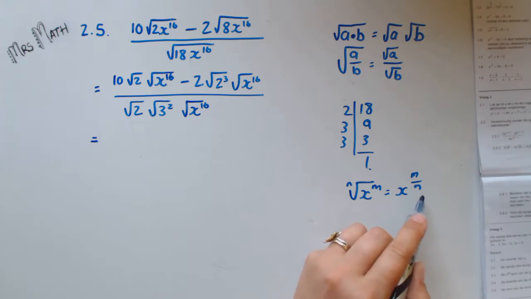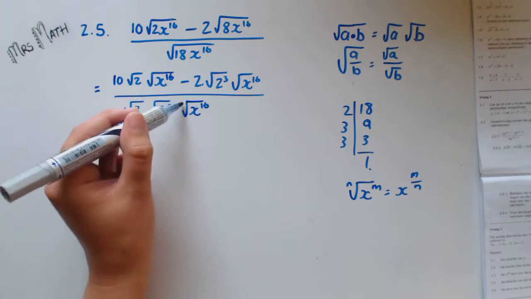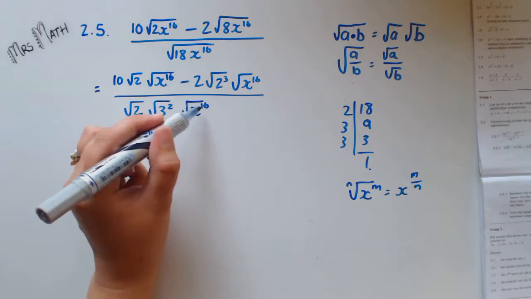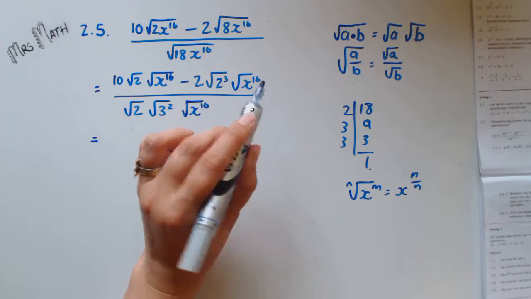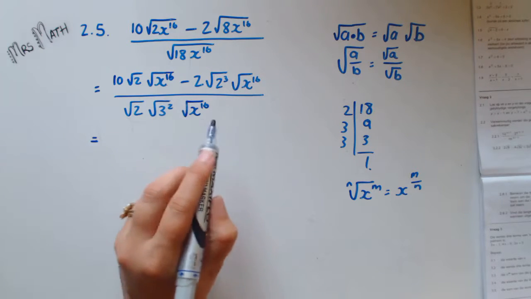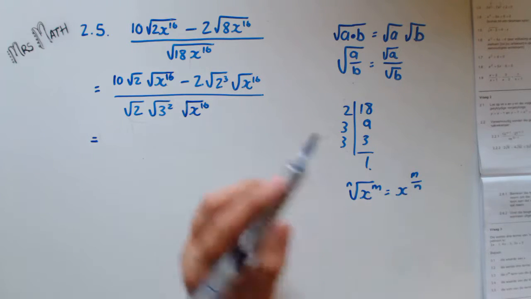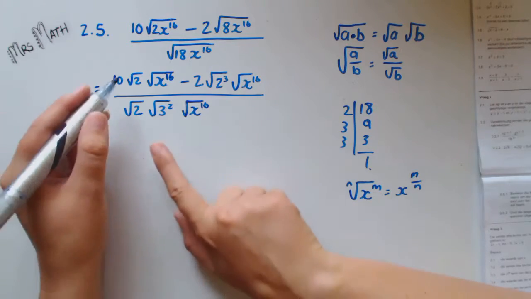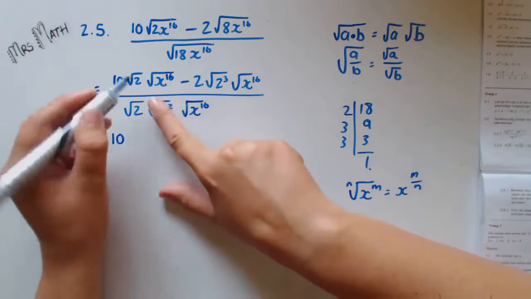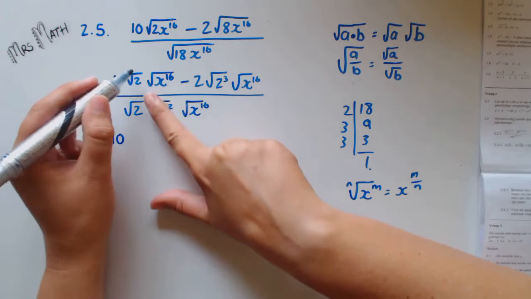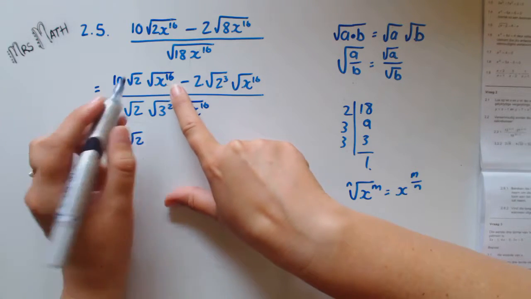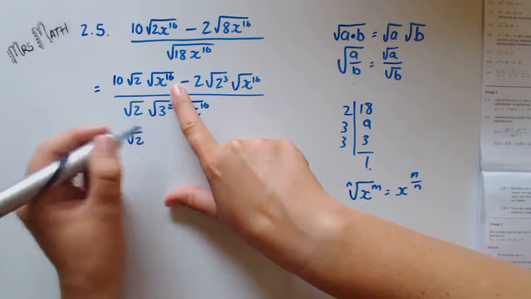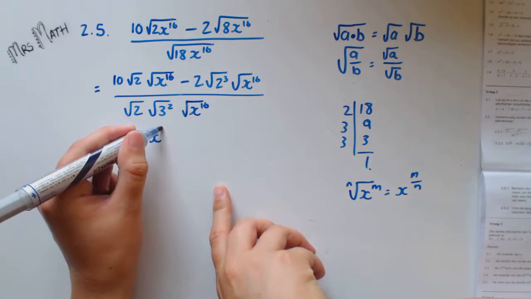So if I have a square root, I can divide the exponent by 2. If I have a cube root, I can divide the exponent by 3. So I've got 10, this one I can't work out, so I'm just going to leave it as root 2. And this one, I can divide that 16 by 2, which becomes x to the power of 8, root.